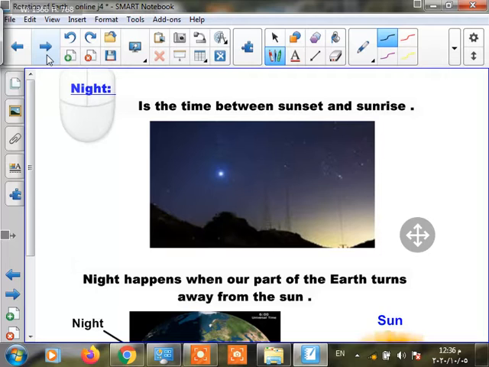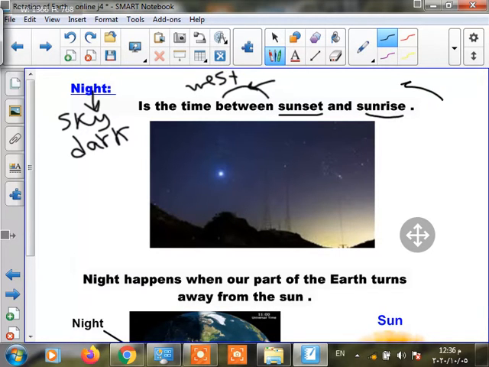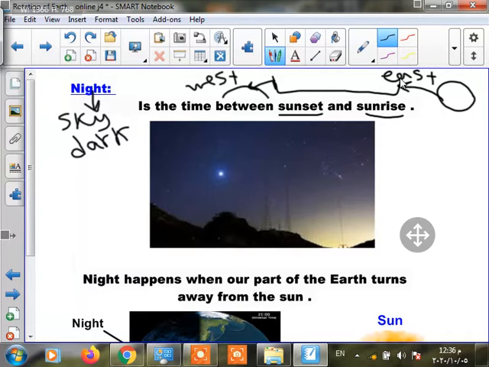Night is a time that comes when the sky becomes dark, when the sun goes down toward the west, and sunrise is when the sun comes out toward the east. The time between sunset and sunrise is called what?